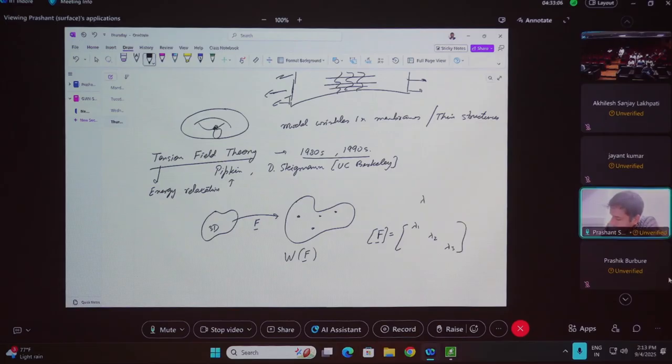And all of these lambdas have to be positive real numbers. So if lambda is equal to 1, it means there is no deformation. If lambda is less than 1, it means there is compression. If lambda is greater than 1, it means there is tension. Right, so this is the case in 3D elasticity.